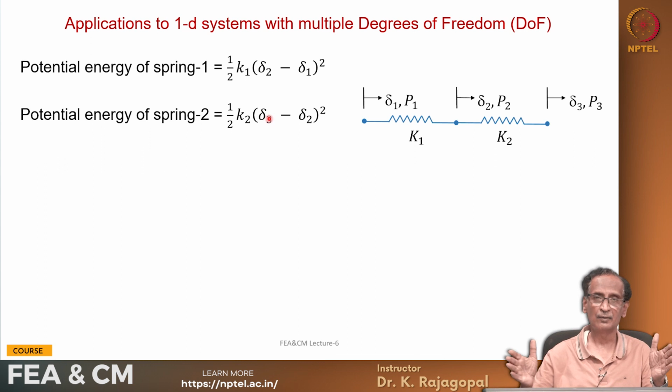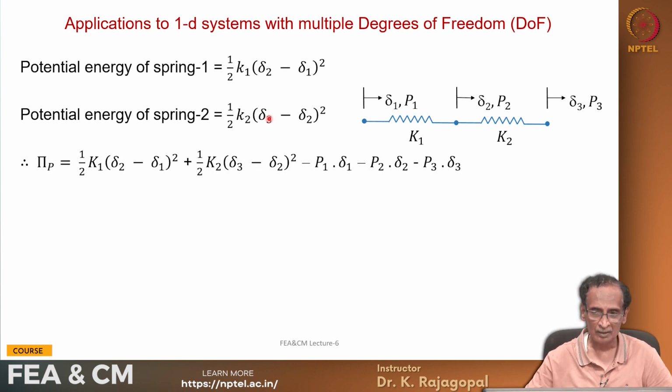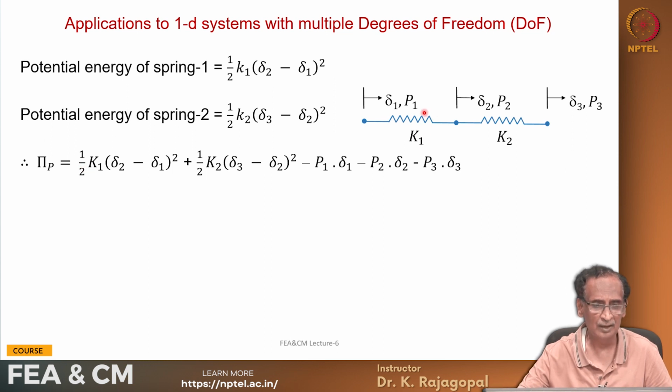So, whatever deformation that you apply to the front end, that is the relative deformation that is caused in the spring. Okay? So, our total potential pi is the potential energy in spring 1 plus spring 2 minus the loss of potential of P1, P2 and P3.